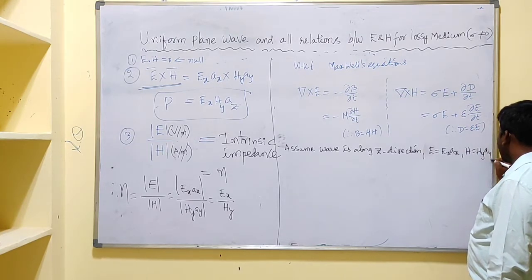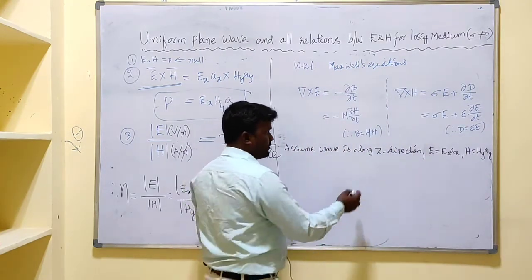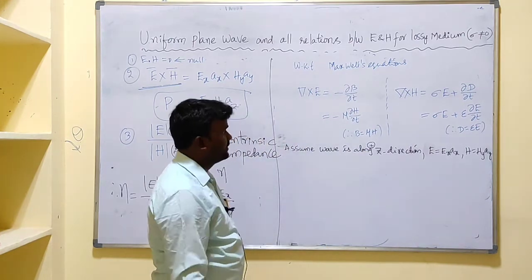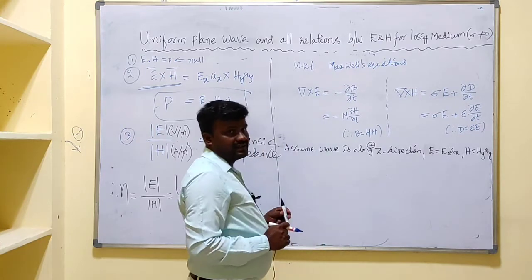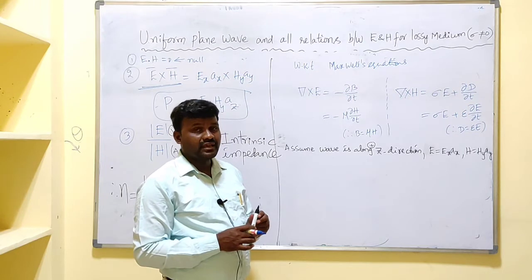Then only the wave is traveling along the positive z direction. Now this can be replaced. What is the formula for del? Dou by dou x Ax plus dou by dou y Ay plus dou by dou z Az.